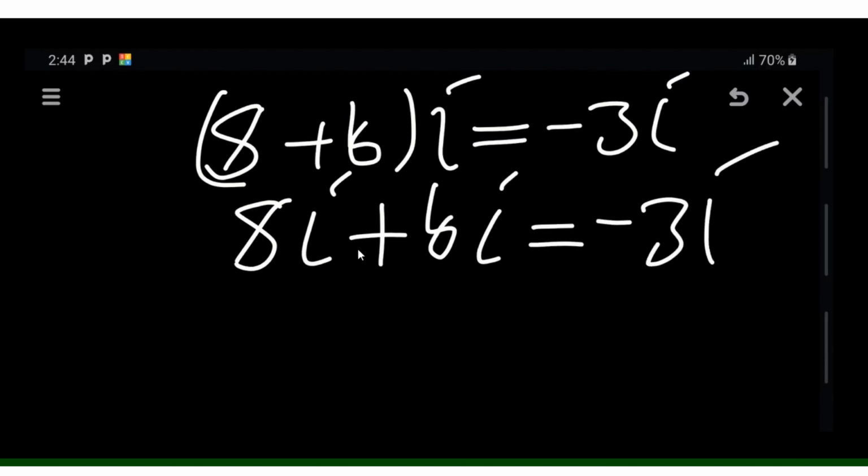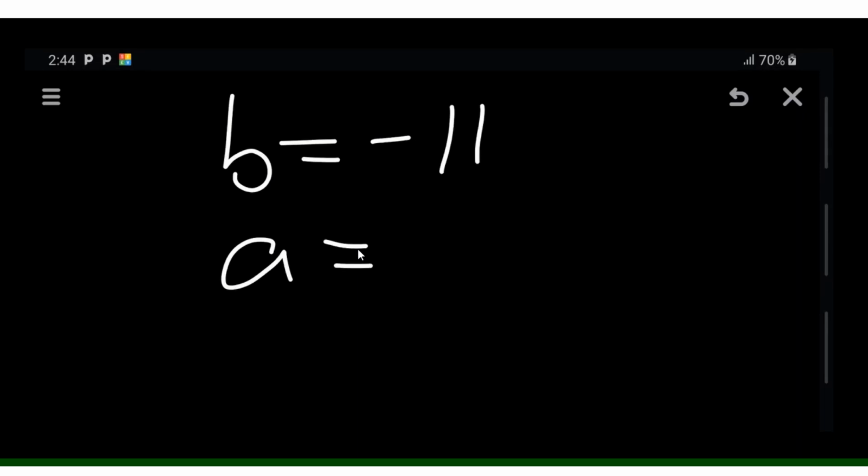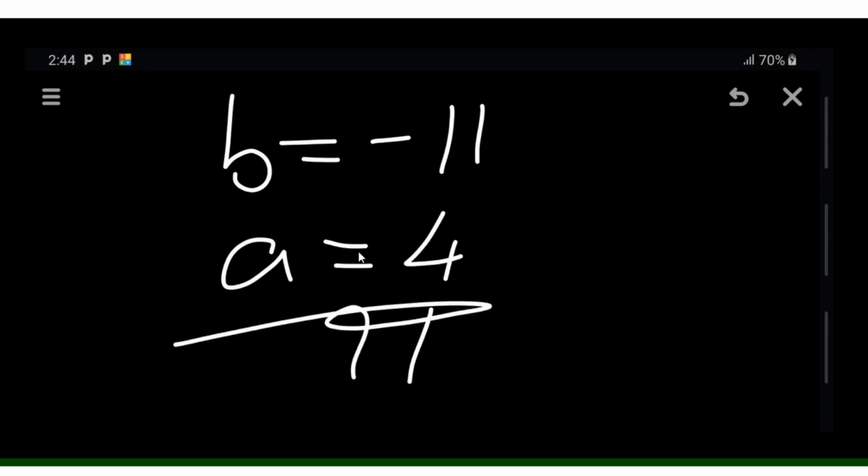Collecting like terms, I'm having bi is equal to minus 3i minus 8i, which is minus 11i. Divide both sides by i, so I'm getting my b to be minus 11 and a to be 4. These are the answers.